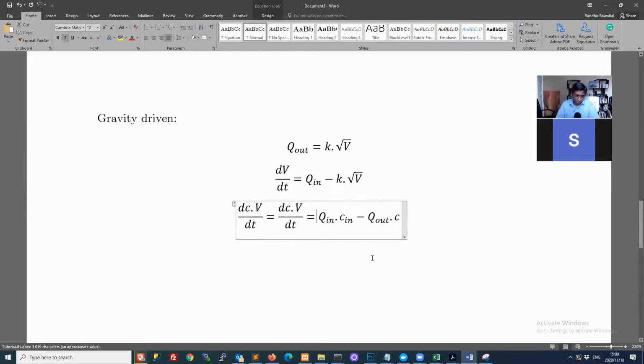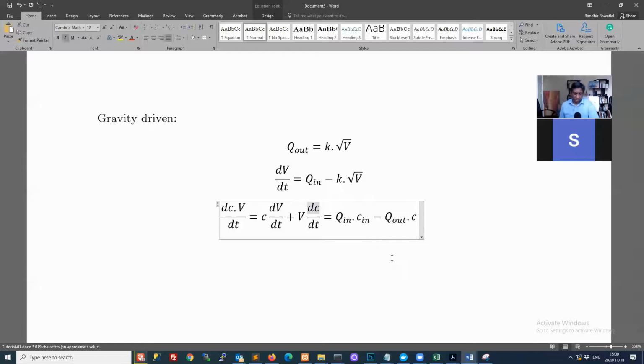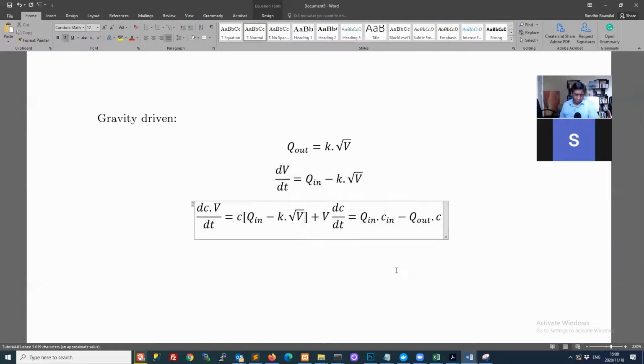So we can write this as C times V. So we have to use the product rule of differentiation here. If we just apply product rule, it's going to be C dV/dt plus V dC/dt. And now for dV/dt, this basically comes from the total mass balance, as we said earlier. So dV/dt is equal to this stuff. So we can just replace it here.